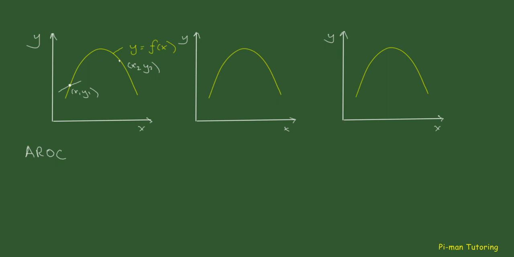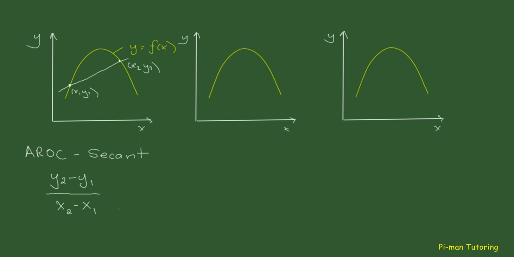We would simply draw the line between those 2 points, which we call the secant, S-E-C-A-N-T, and we would take the slope of that secant, which is just the change in y divided by the change in x. And that value would give us the average rate of change between x1 and x2.